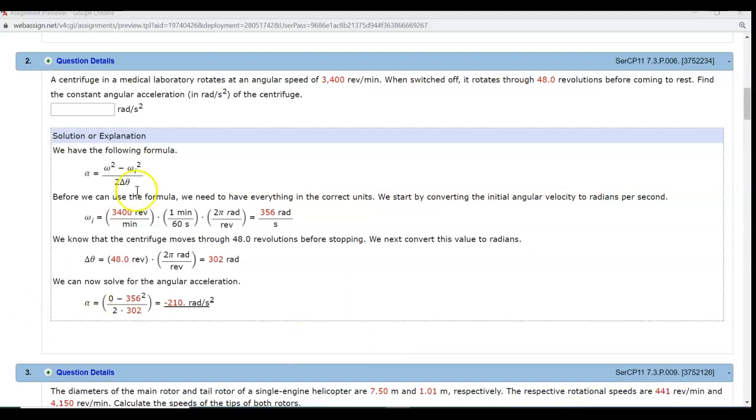Okay, so if we look at the formula they're giving us, it's actually similar to what we were using last week with the 1/2 mv squared, and you may think I'm crazy, but here you're using the angular velocity, so this would be our final velocity squared minus the initial velocity squared divided by 2 times the change in the distance, only the distance here now is angular.